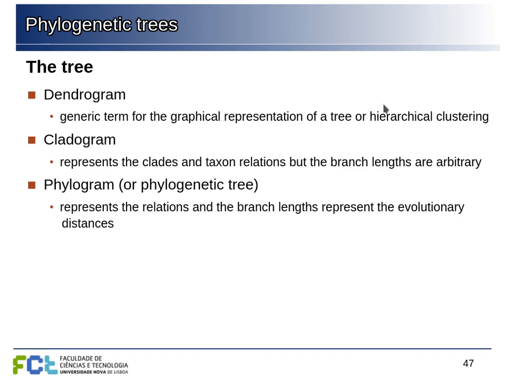So sometimes this is useful if we want to put some branches longer than others, just to organize the names of the species or something like that. A phylogram or a phylogenetic tree represents the actual relations between the species using the branch length. So the branch length would represent evolutionary distances as measured by whatever criteria or whatever metrics we used to generate the tree.